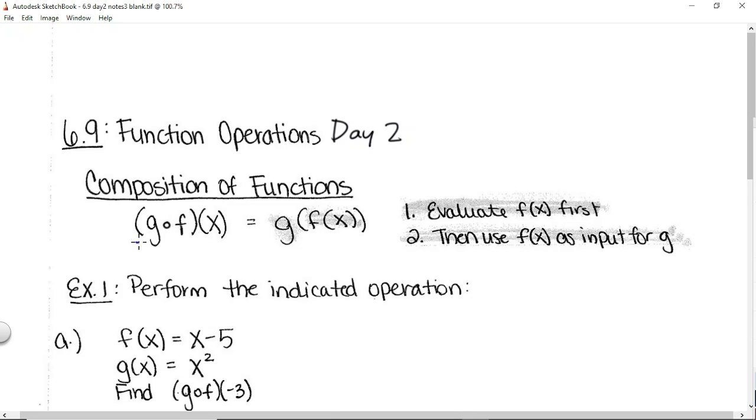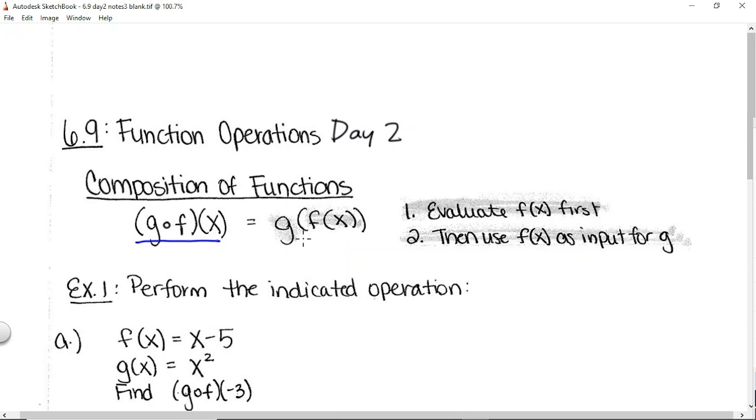So you read the whole thing then, g of f of x, right? And another way of writing it is like this, g of f of x. And you read it the same way, either way that it's written. We can sort of see the reason that we read it that way.